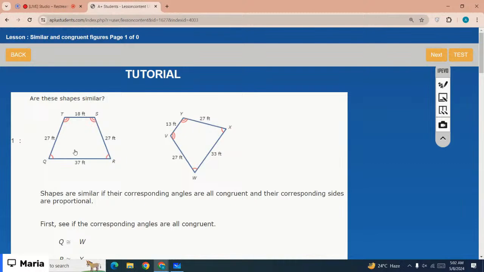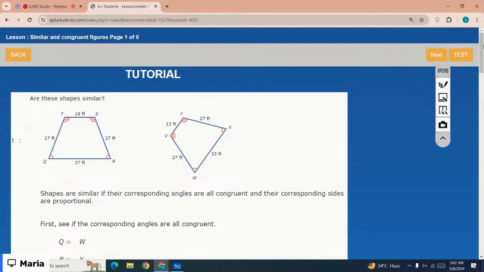Are these shapes similar? Shapes are similar if their corresponding angles are congruent and their corresponding sides are proportional, right? So just look at their angles.